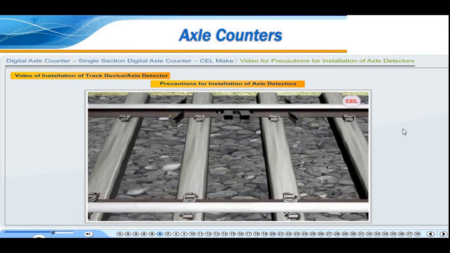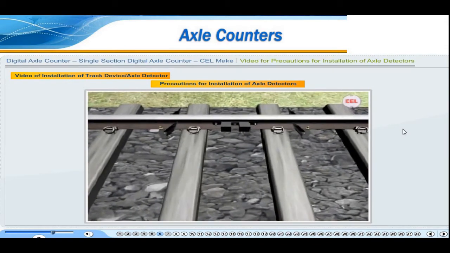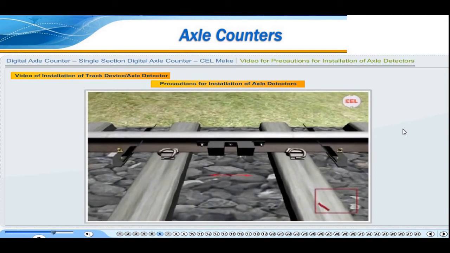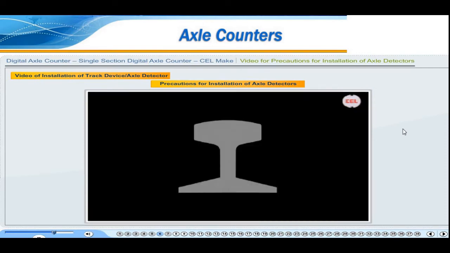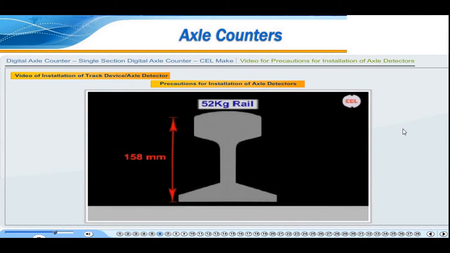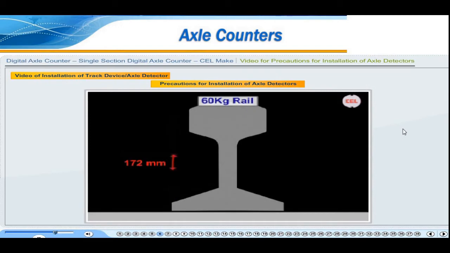Ensure that the axle detectors are fixed in the clear spacing of 400 mm between the two sleepers. Three. Ensure the size of the rail is 90 R or 52 kg or 60 kgs only.